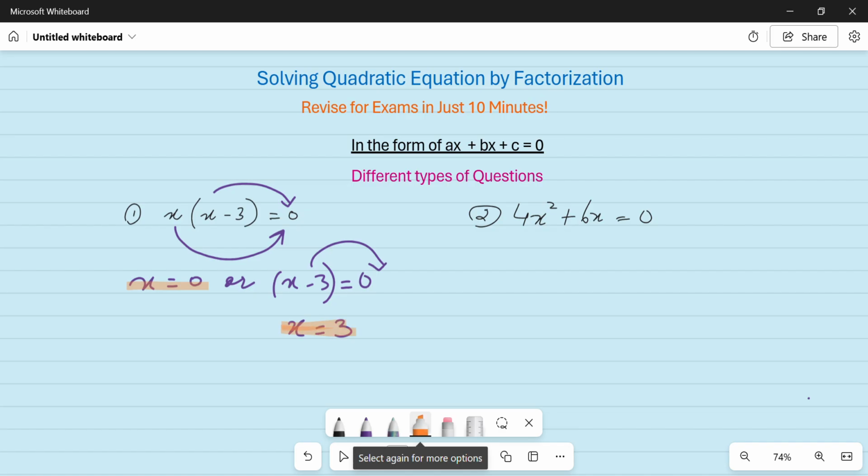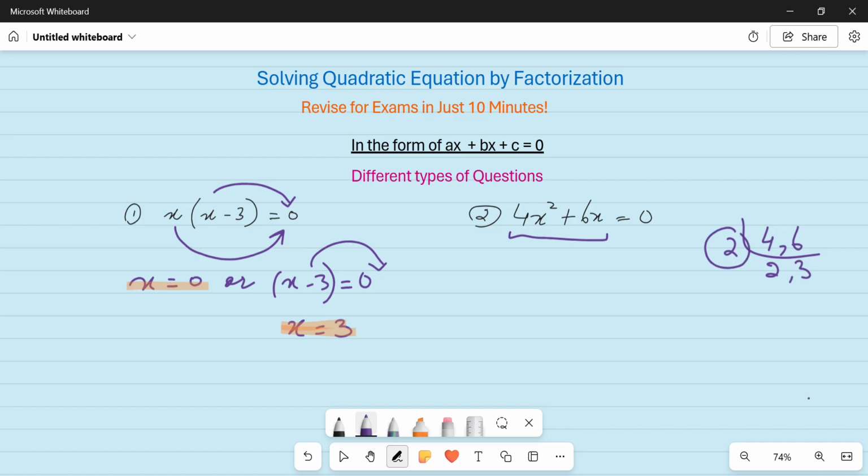Let's solve another question. Here, 4x squared plus 6x equals 0. What we need to do is factorize, right? The highest common factor of 4 and 6: 2 twos are 4, 2 times 3 gives you 6. So 2 is your highest common factor, right? And for x squared and x, x is the highest common factor.